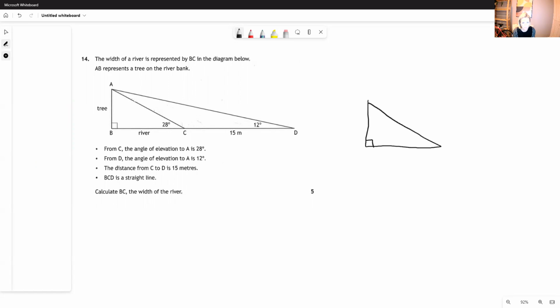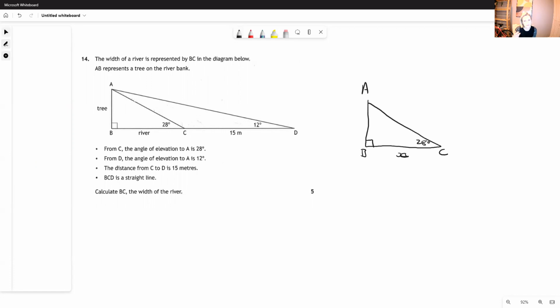Okay, so we've got A, B, and C. I'm going to call this side X because that's what I'm trying to find, so I can keep my focus on what I'm trying to find. And I know that that angle is 28.